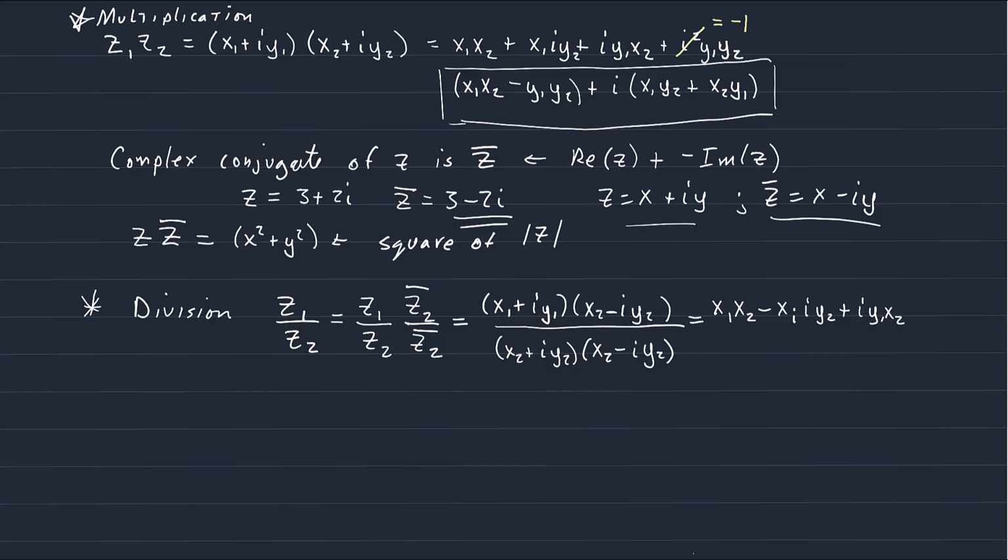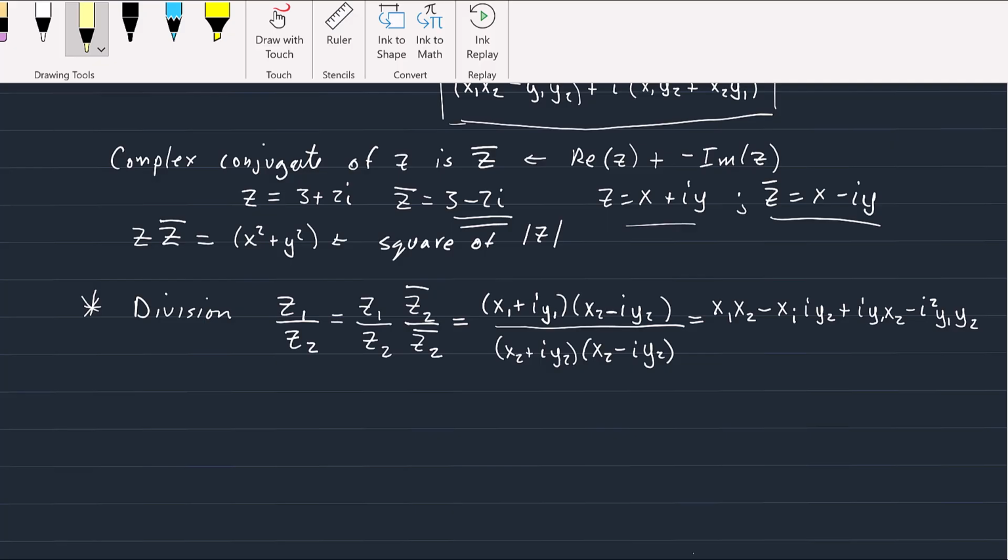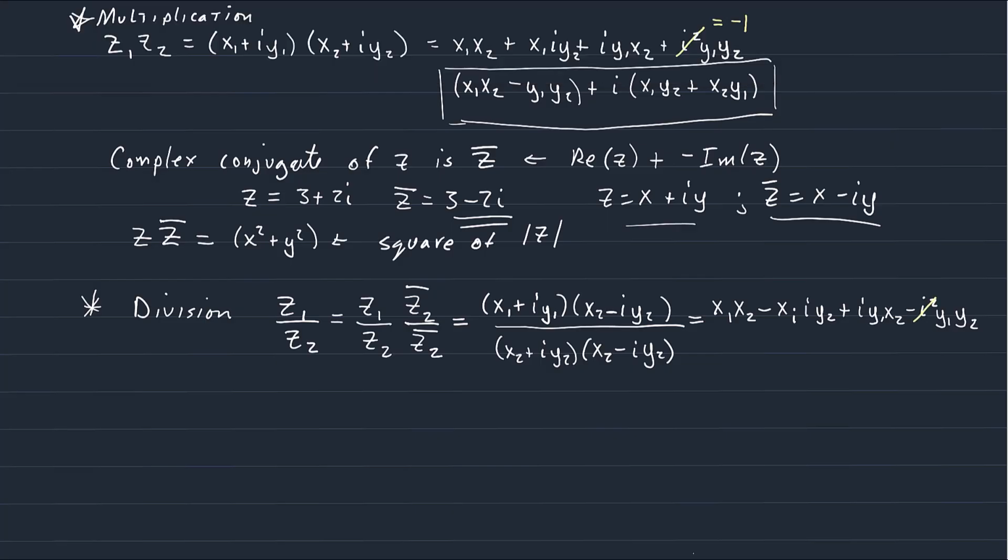And then we have a minus i squared times y1, y2. Since i squared is -1, and we have a -1 in front of it, this becomes a plus 1. And then the denominator becomes x2 squared plus y2 squared. It's the square of the modulus again.